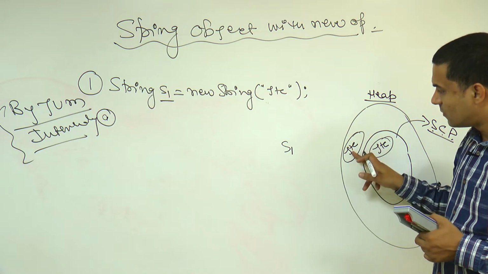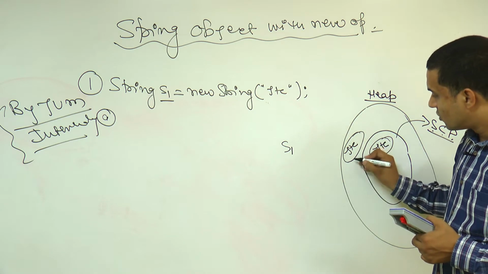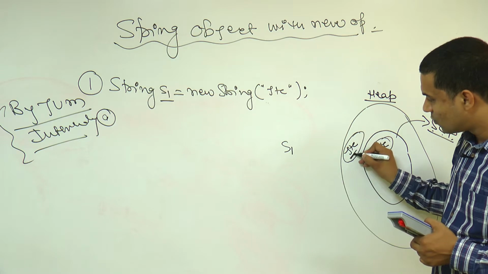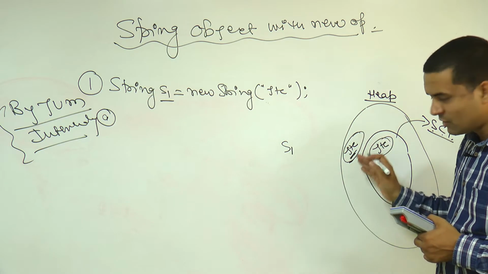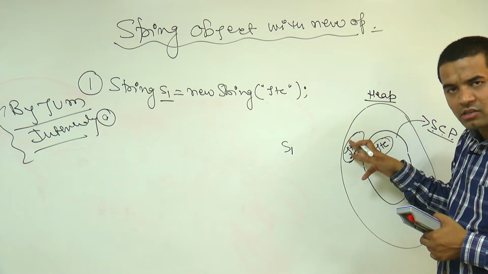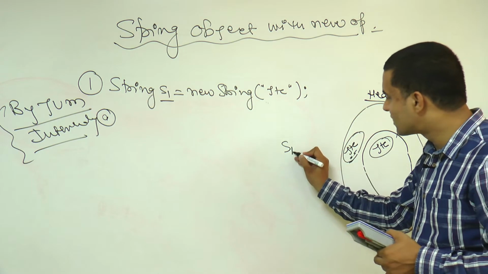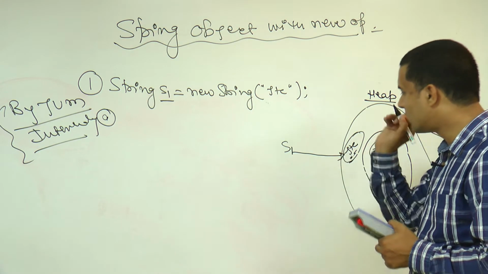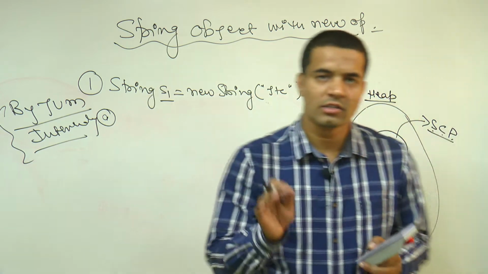The reference of the literal which is outside the string constant pool will be assigned to this corresponding reference variable, right?